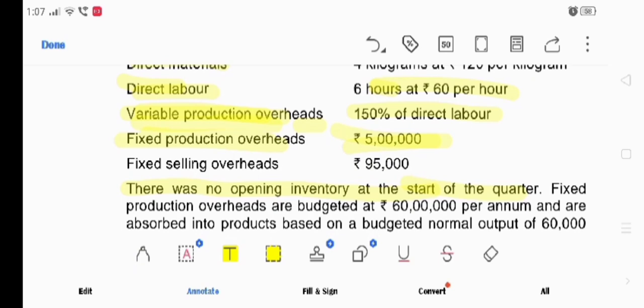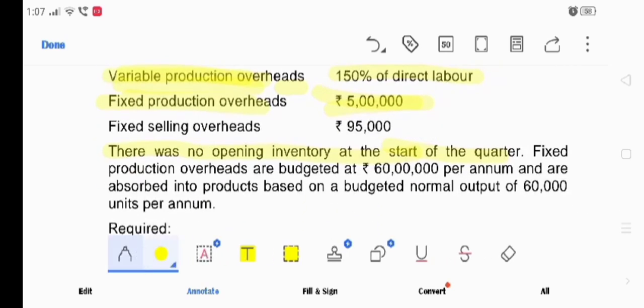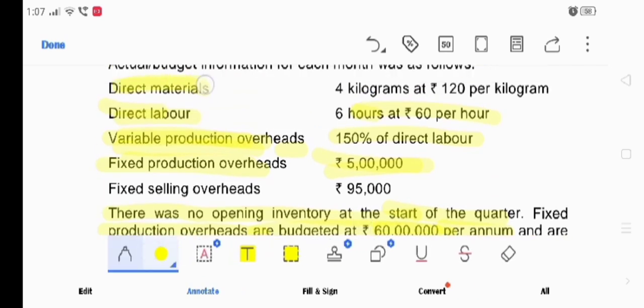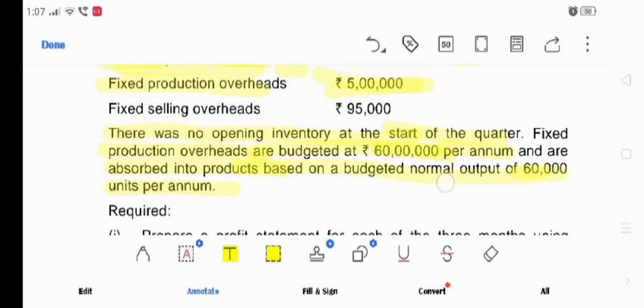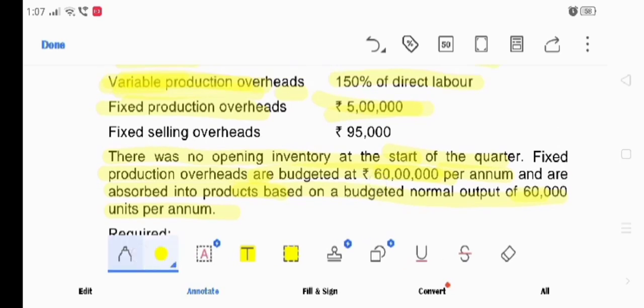Here we don't take this 5 lakhs, but see here, fixed production overheads are budgeted at 60 lakh per annum and are absorbed into products based on normal output of 60,000 units per annum. For calculating cost we need per unit, so we cannot take this 5 lakhs and divide it by the number of units.